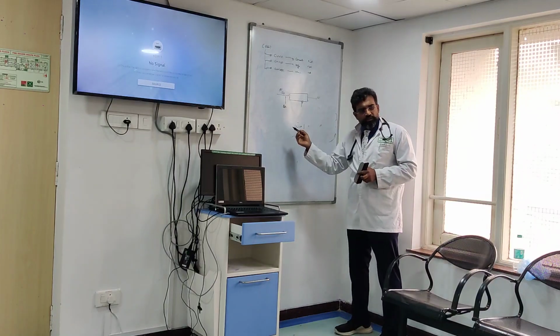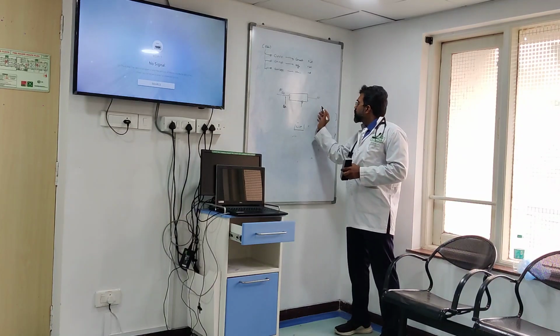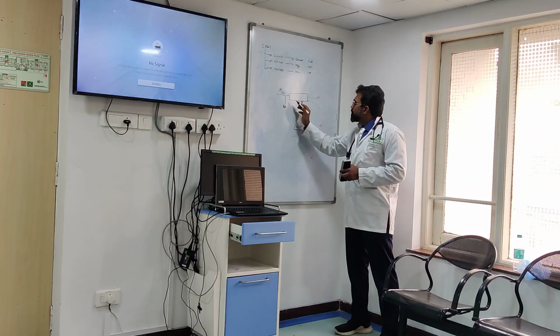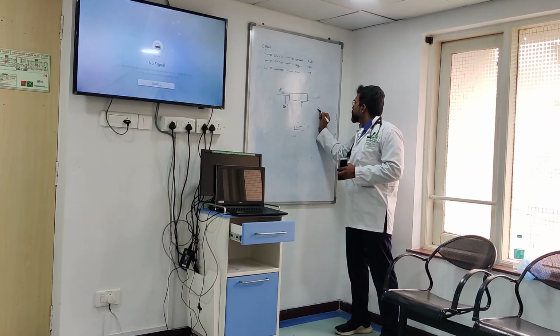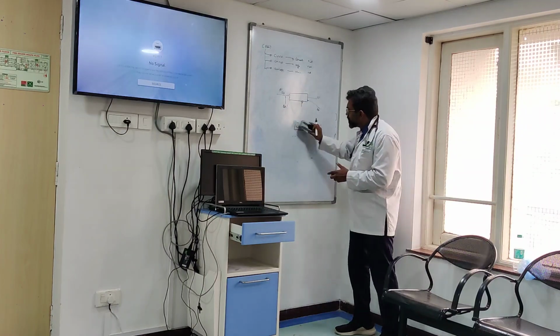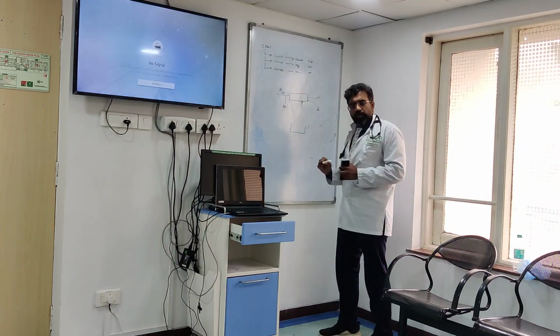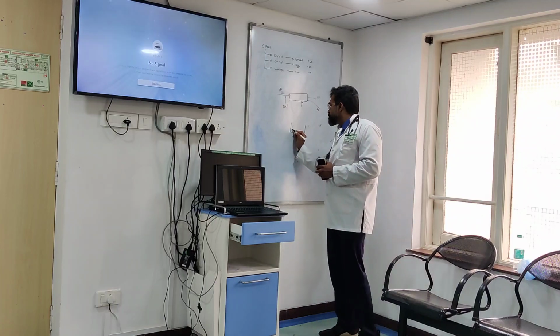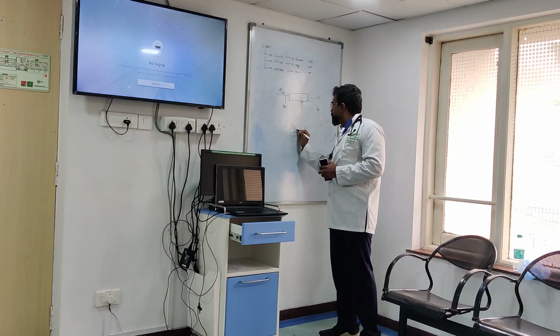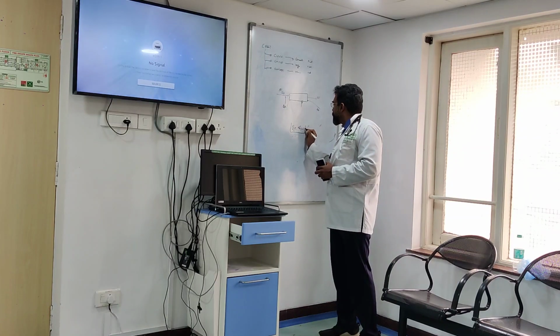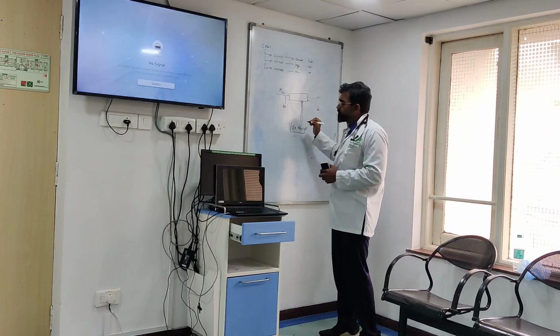What else do I want here? Dialysate. So countercurrent? QD. Very good. QD. Now what is my effluent? QR plus QD plus UF if I have added some UF here.